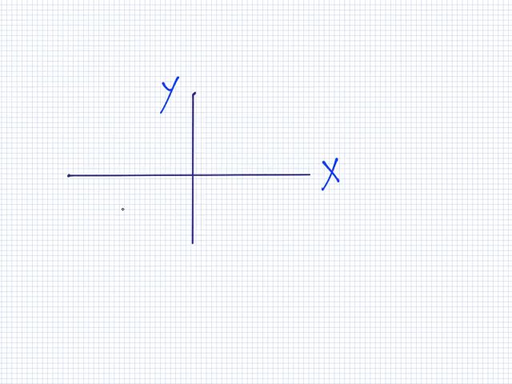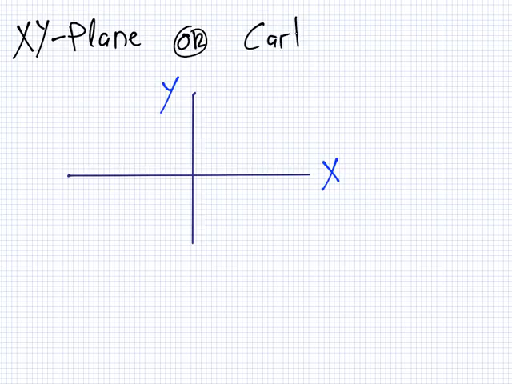But in English, it has two names. You can call it an XY plane. That's one name. Makes sense? PLANE, right? Or you can call it a Cartesian plane. I think I know which name you will pick.